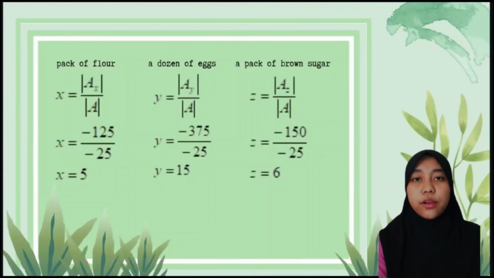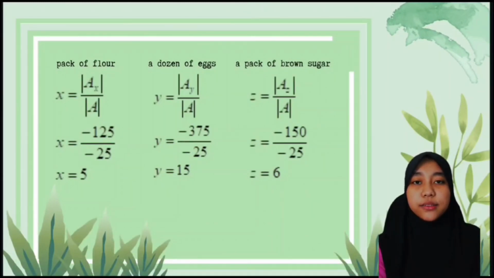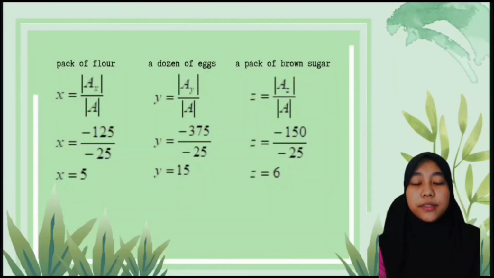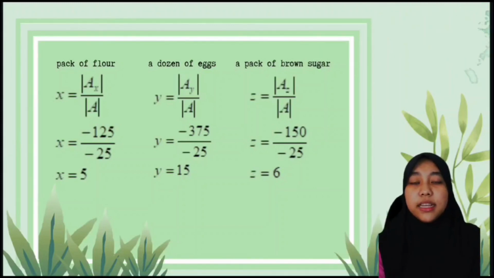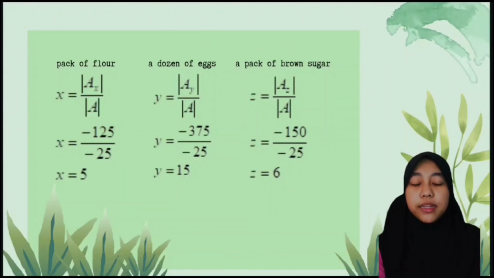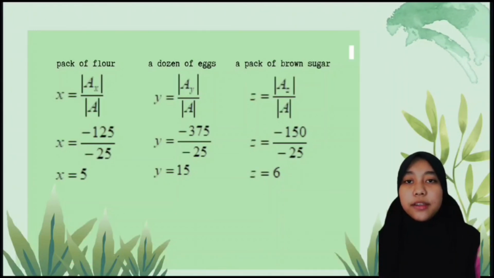Now we're going to solve the problem. The first one is a pack of flour, which is x. So determinant of x divided by determinant of A is negative 125 divided by negative 25, and the answer is 5.